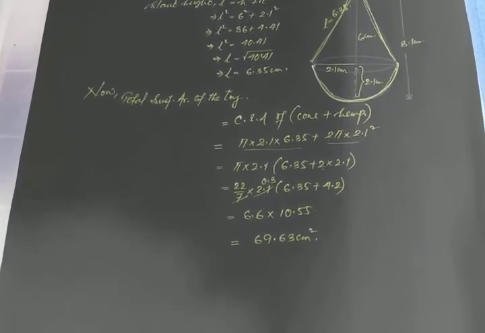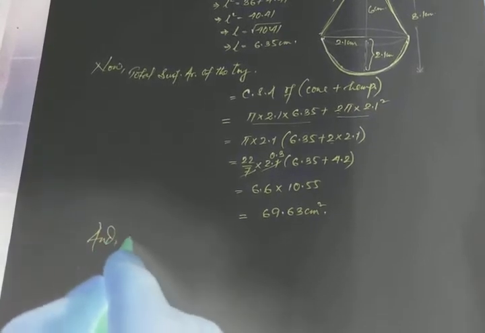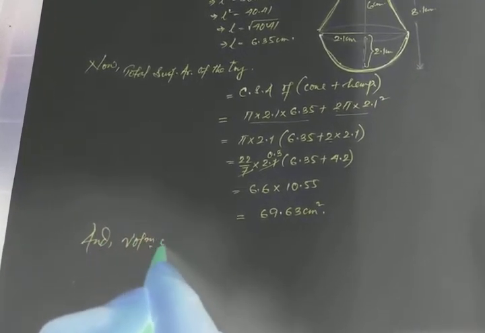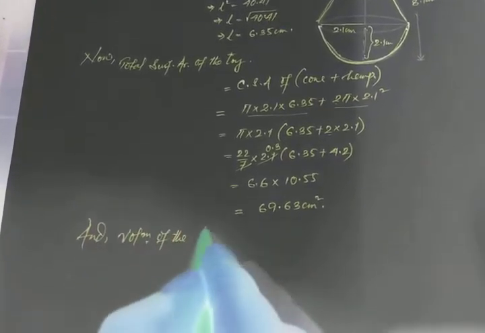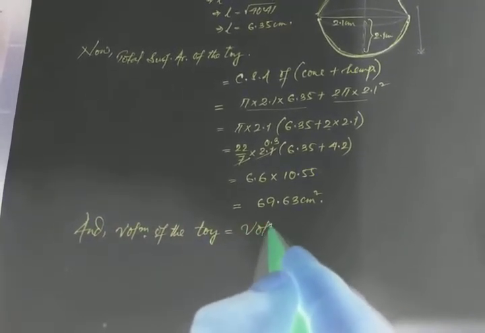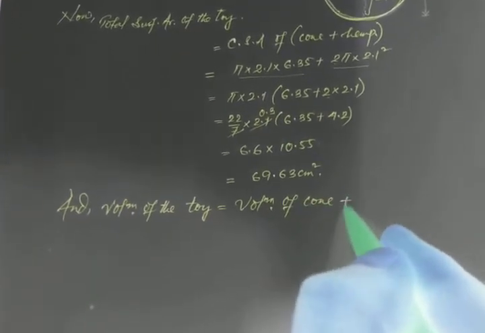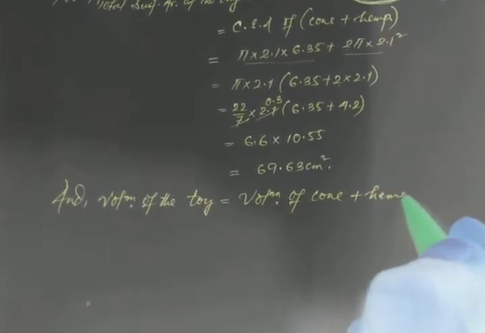Now let's go for the volume. Volume of the toy will be equal to volume of cone plus hemisphere.